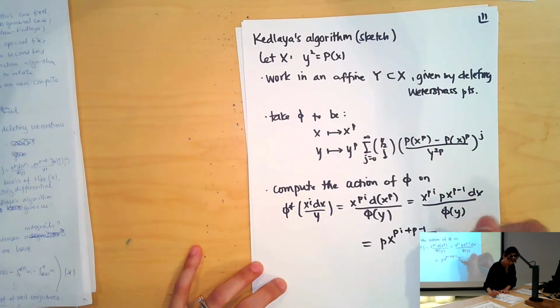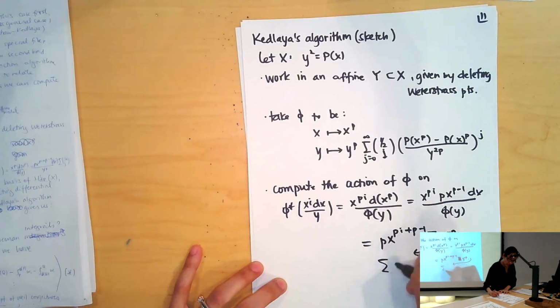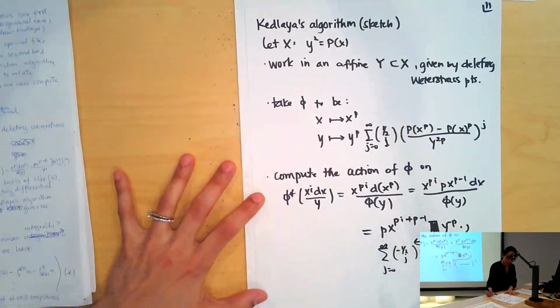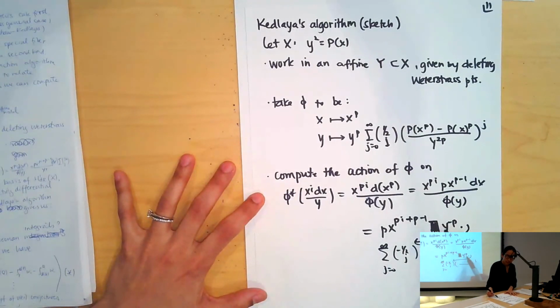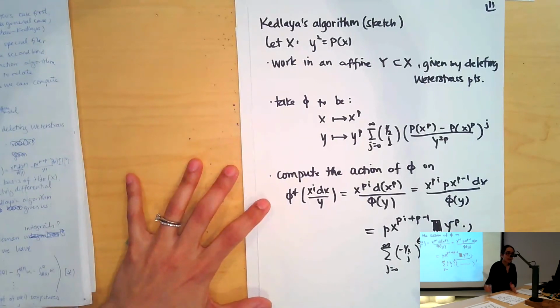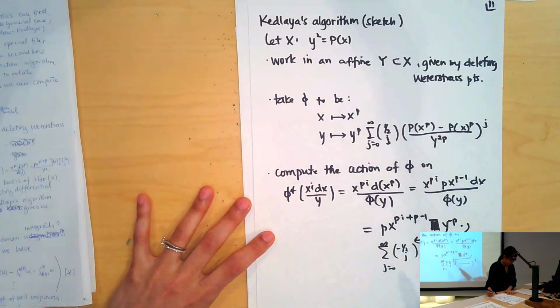So there's a y to the minus p times the sum, minus 1/2 choose j, and then all of that to the j. And you can see that this has lots and lots of terms, so actually infinitely many terms, and a pretty bad pole order. And so we need to figure out what to do with this, right? How to reduce the pole order using the relations that we have in cohomology.